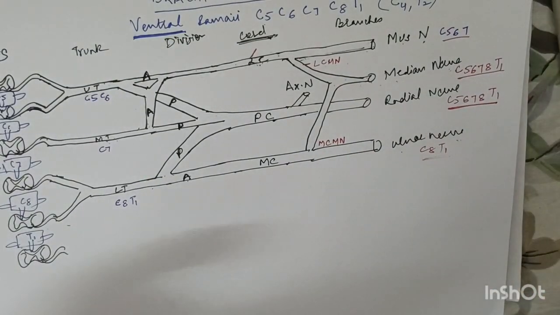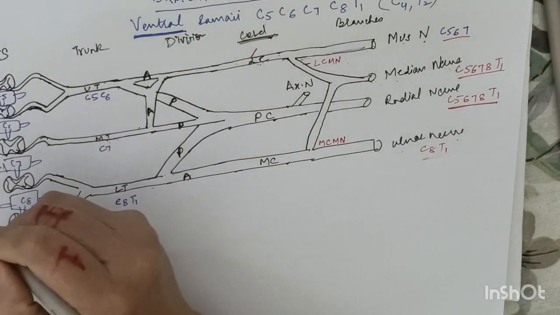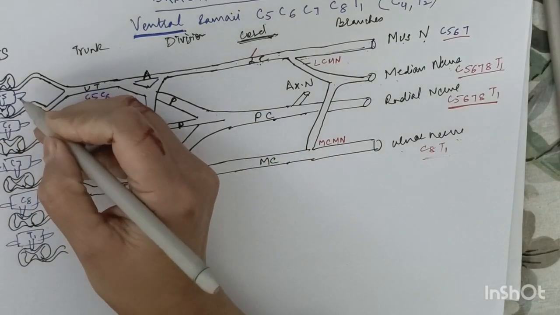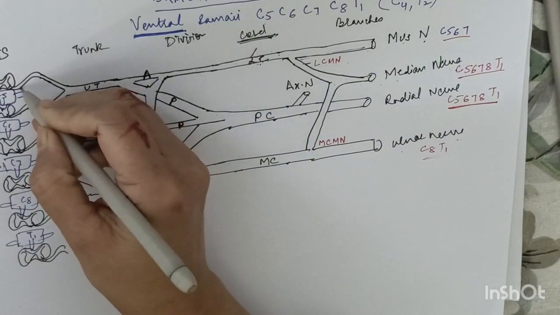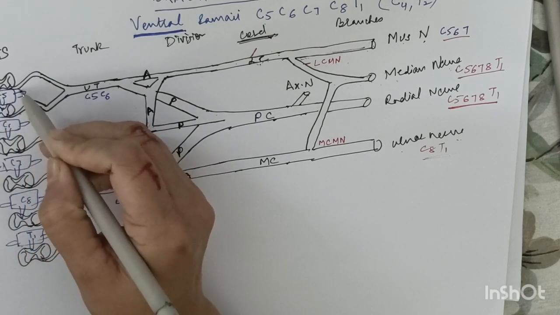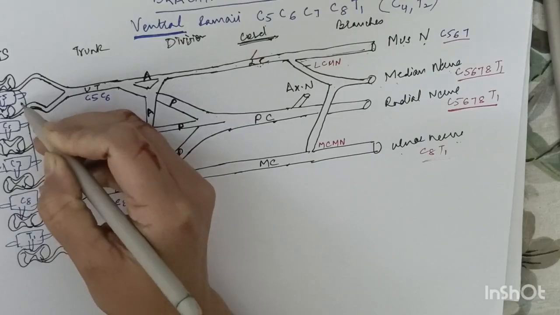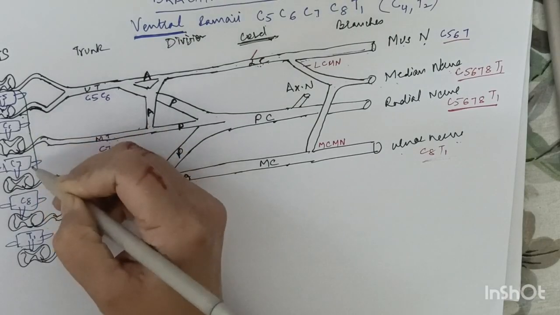Now if we come to the divisions as well as the branches, let me tell you these. Now this is C5, C6, C7. You can see I am giving this branch.